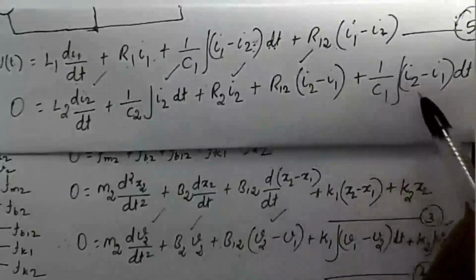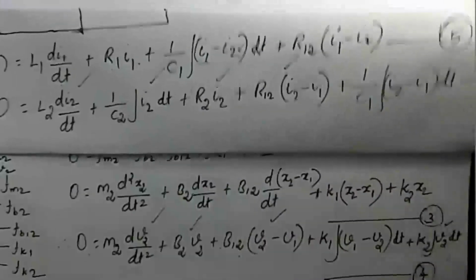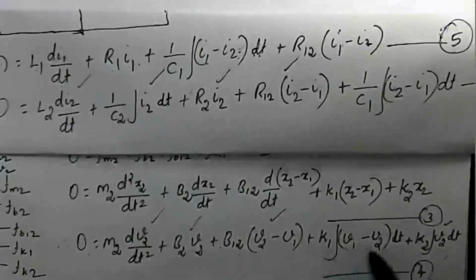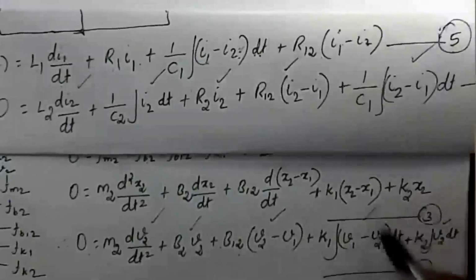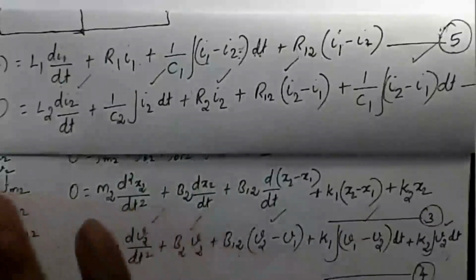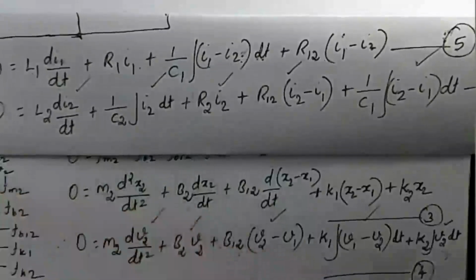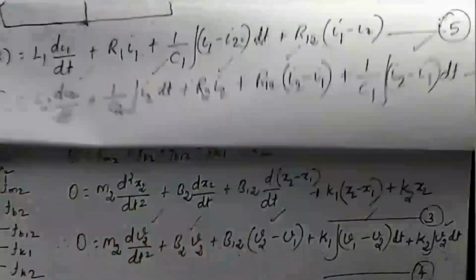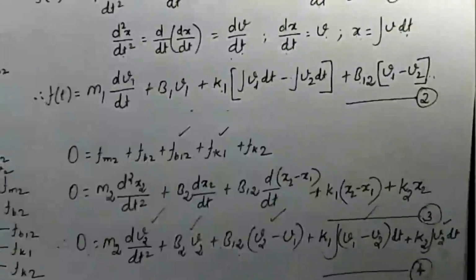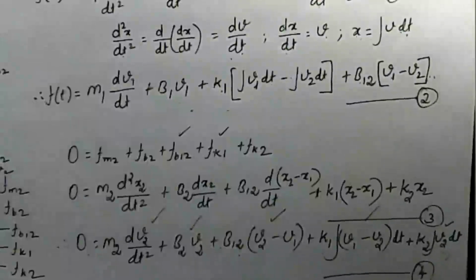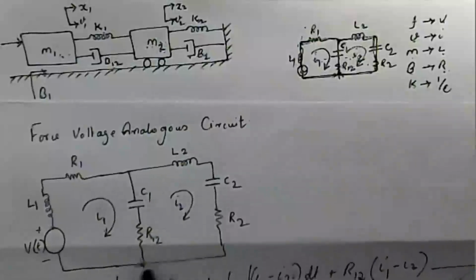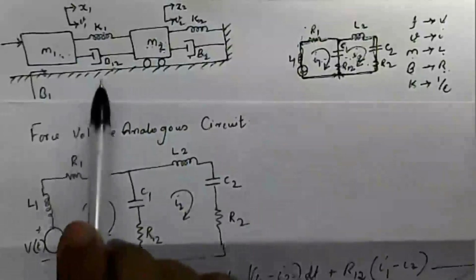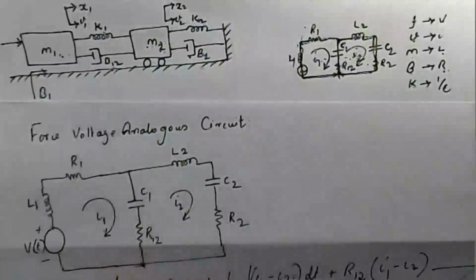Then 1 by C integral I2 minus I1 into dt is similar to K1 into integral V1 minus V2 into dt. These terms are similar. So the mesh equations 5 and 6 are similar to the differential equations 2 and 4. So this circuit is the exact force voltage analogous circuit of the given mechanical system.